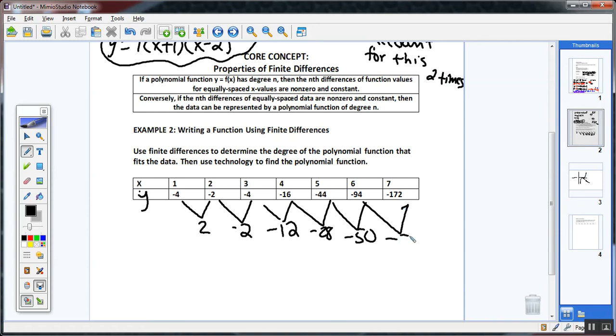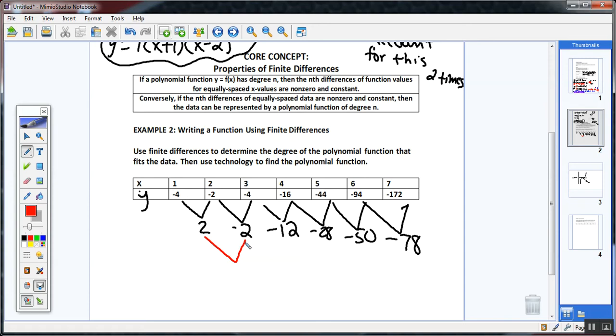-78. Now, we said the x's are all jumping by the same amount. When I look at these differences in y's the first time, are those differences exactly the same or are they different? They're different. So what we do is we say, okay, let's go through them again. So here, we're going to do -2 minus how much again? 2.